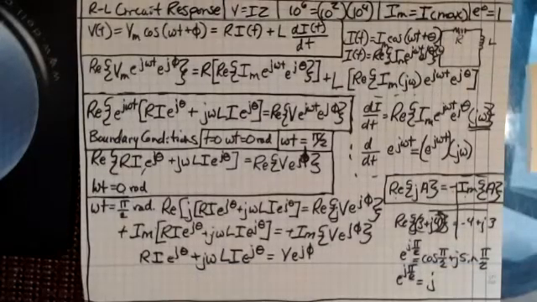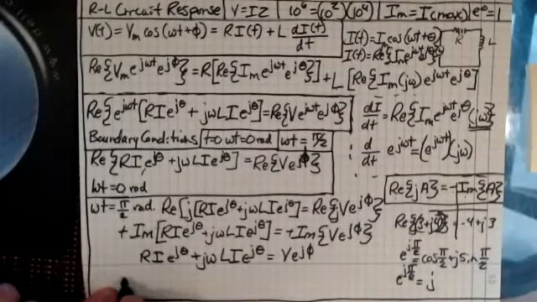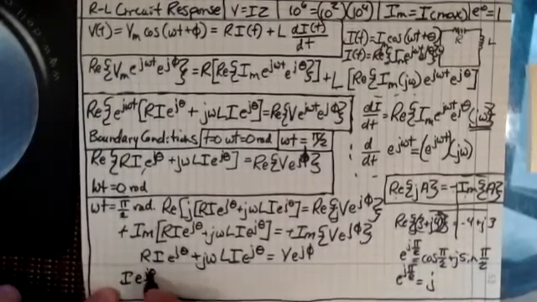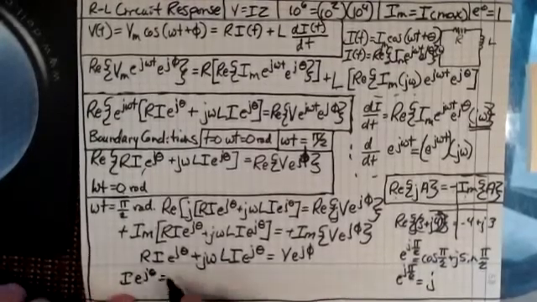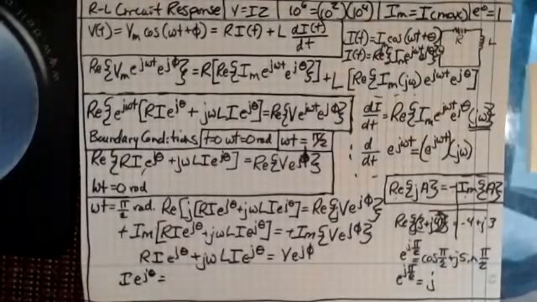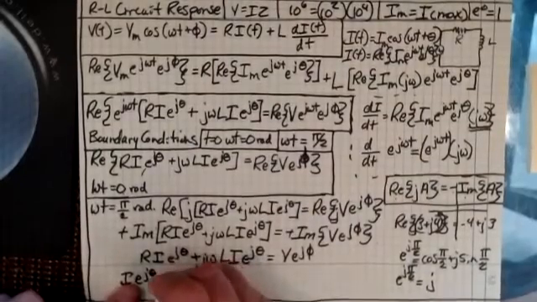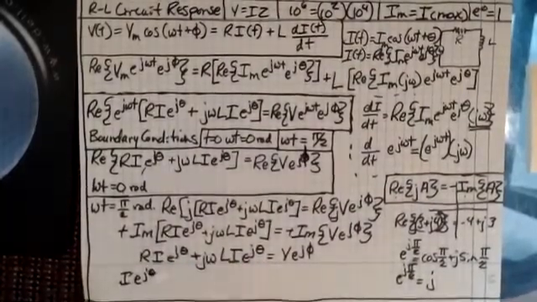All right, now I want to take I e to the j theta out of this side of the equation. Sorry about that, I didn't want an equal sign there.